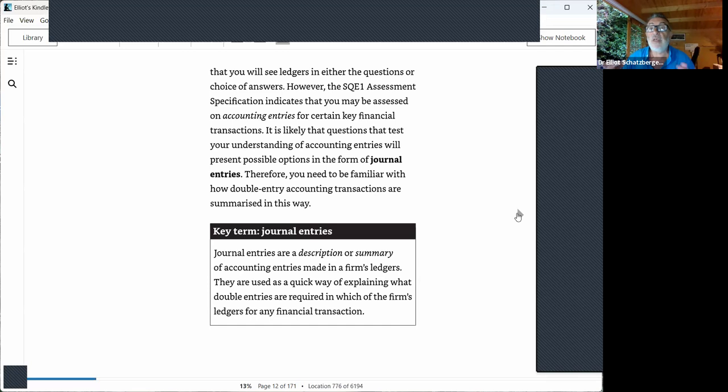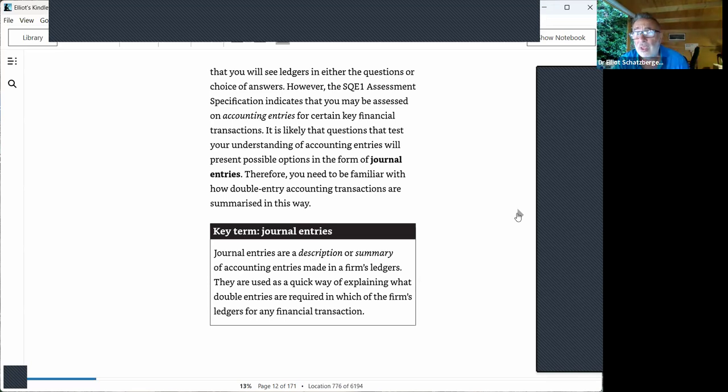So there'll be questions that give you a scenario like Diaz. Diaz has given the firm £300 on account. How would that appear in the journal entries, in the ledgers? And you would have to answer that from the 5 options. But you're always going to get a debit, or a credit.